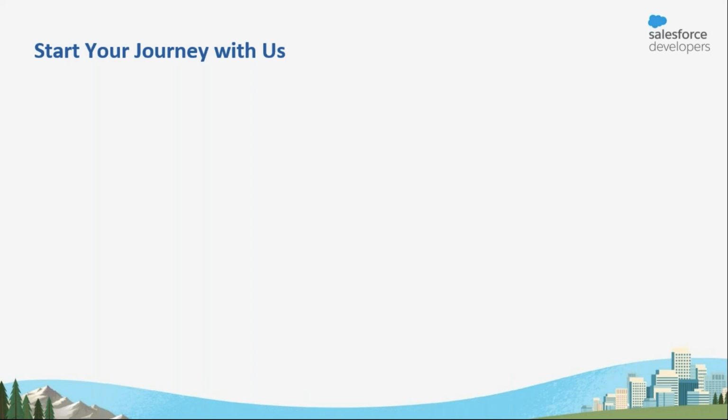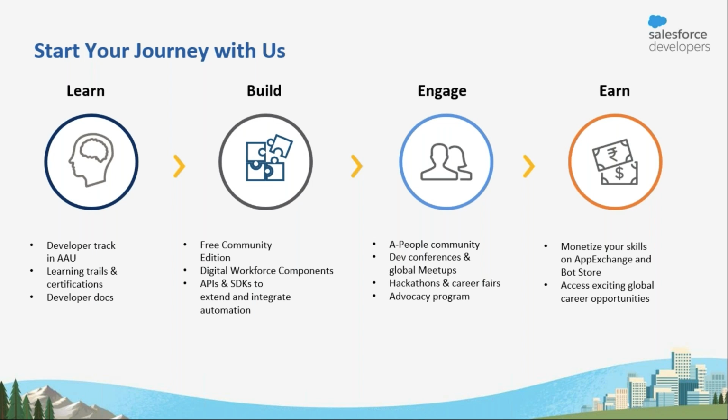Sure, definitely. Let me talk about how you can start your journey with us. We have divided it into four categories: learn, build, engage, and earn. You can learn about the platform, you can build using the free community edition available, you can engage with us in the forum, and you can also list your solutions on the bot store. The single point of entry for you will be our developer portal.